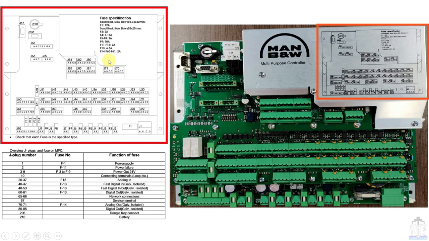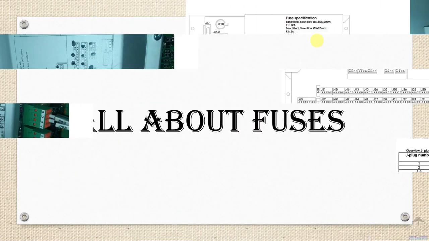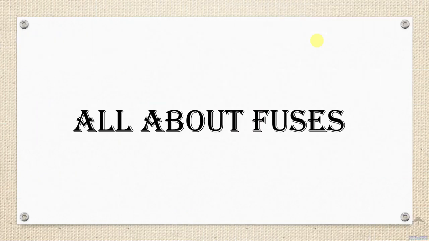Another function of this specification plate is that it is used for marking. So you can see here that marking has been done. The marking is done before swapping or changing the MPC, so that you do not make a mistake. Now we are going to the next topic, that is all about fuses.